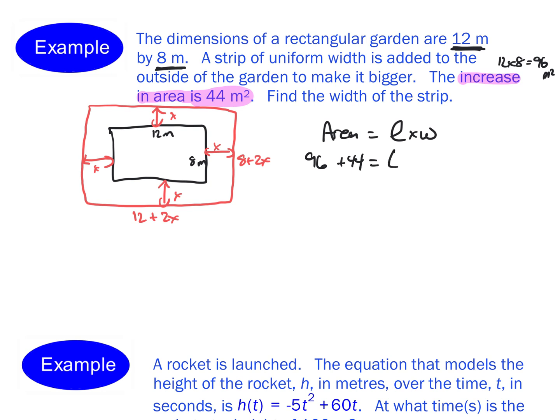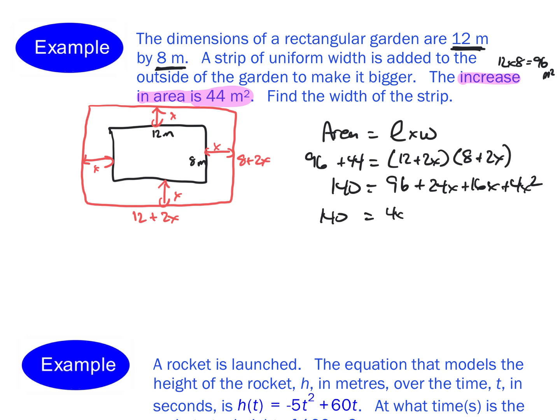The new length is 12 plus 2x. The new width is 8 plus 2x. Then we're going to multiply and expand out the right side. So we're going to get 96 plus 24x plus 16x plus 4x squared.